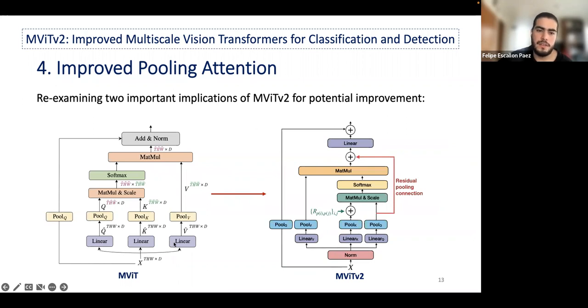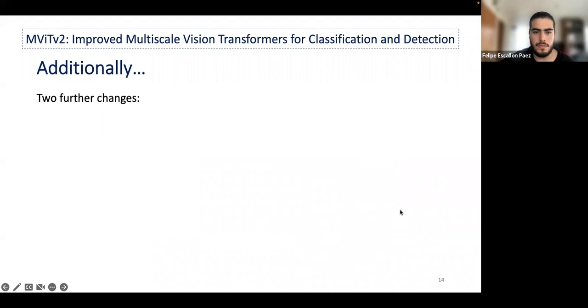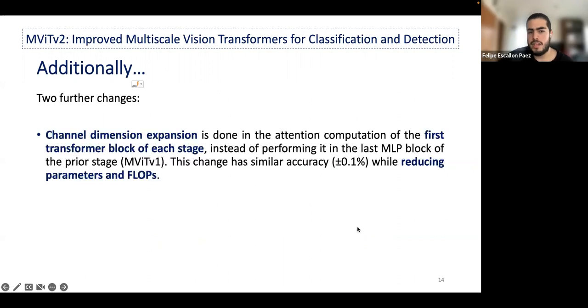Here I show the original architecture they had and the modifications they made. So we have here the residual connection of the queries, and here we have the decomposed positional embeddings. They did not mention these additional changes in the main paper, but they did in the further work. So they do a couple more things, like the channel dimension expansion is done not in the last MLP block of prior stages, but in the first transformer block.